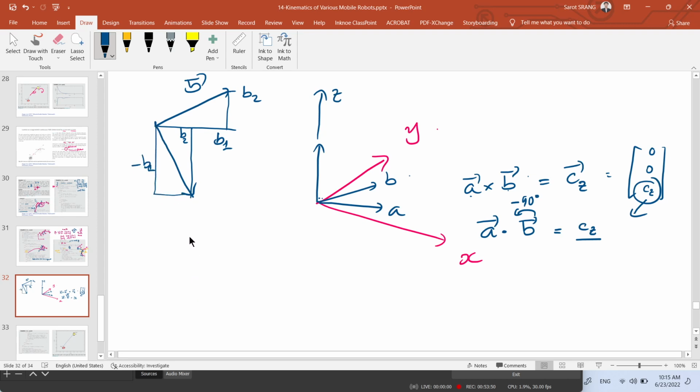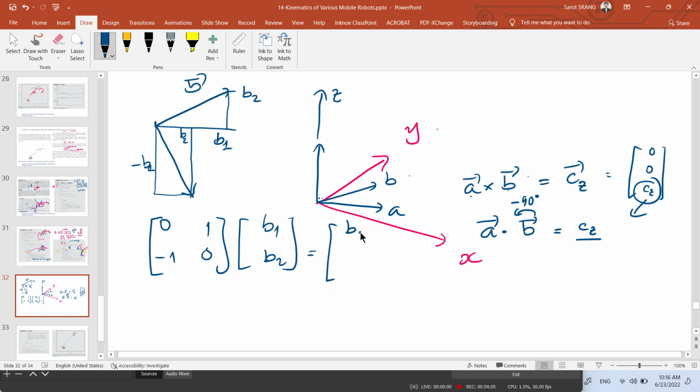This is obtained from the rotation matrix [0, 1; -1, 0] times [B1, B2], so I get B2 up here and then minus B1. This is rotation by minus 90 degrees. Then just use the dot product of this vector with A, and we get component C.